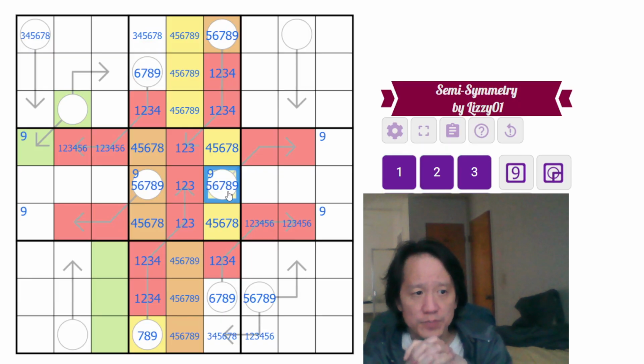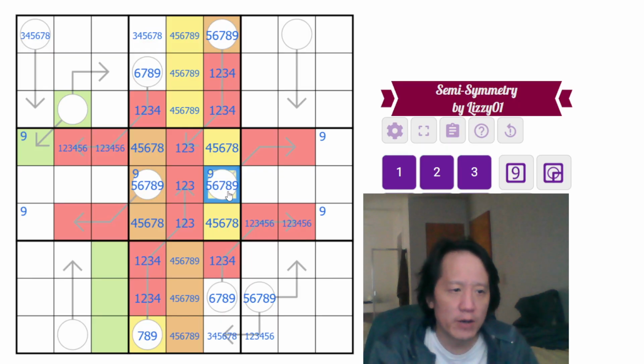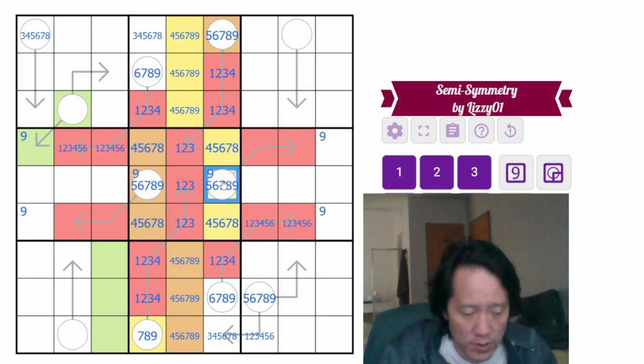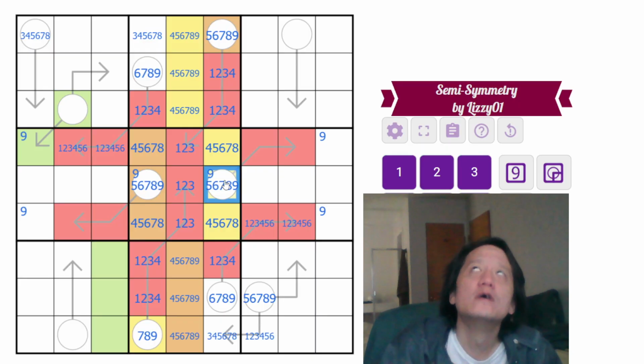That's possible, and that would work for degrees of freedom. But the 8 and 9 would have to be here, right? We know the 9 has to be here. So 589, 689 works. 589, 789 also works.